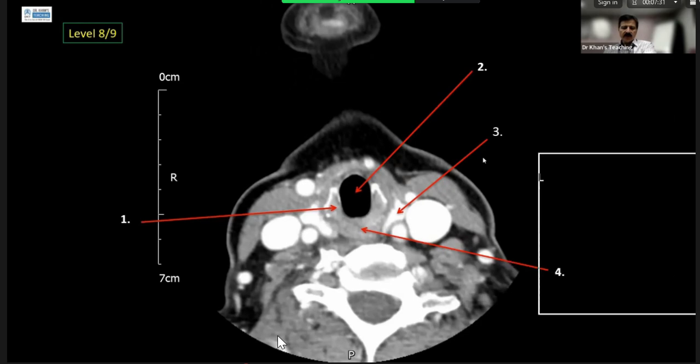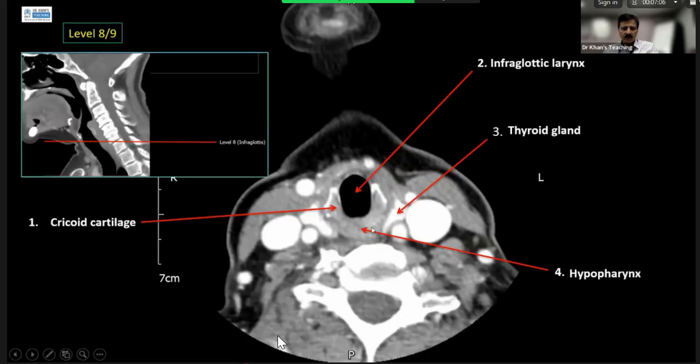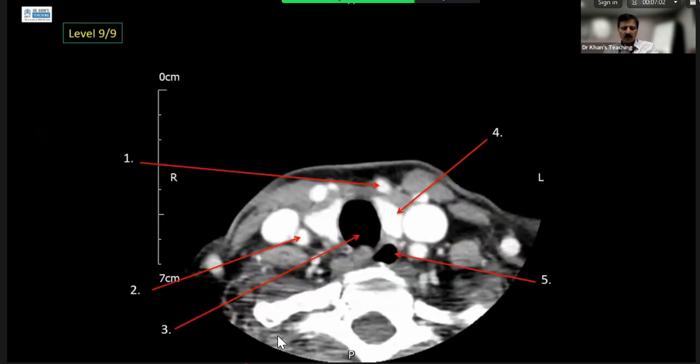And then number three, thyroid, very good. And number four, yeah, this is the post-cricoid hypopharynx, if you want to call it. You don't know if the esophagus has just started, so just call it post-cricoid. And please remember, there is an entity we call post-cricoid carcinoma.